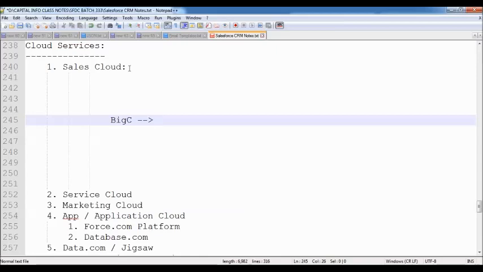Big C people sell the various mobiles which have been manufactured by various mobile manufacturers. So Big C is an organization which takes care of selling the various mobile products manufactured by the various mobile manufacturers.